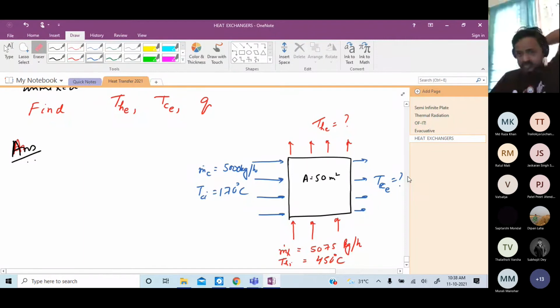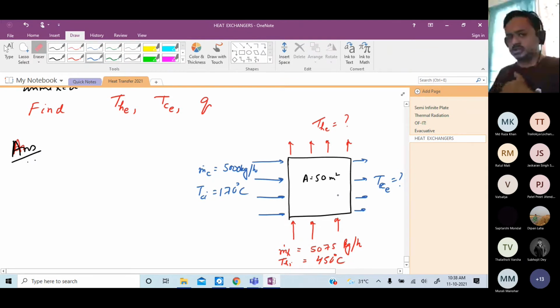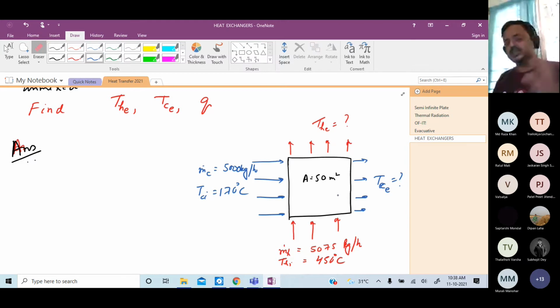So this is a problem where the inlet temperatures are known, exit temperatures are not known. Therefore, I cannot calculate Q, I cannot calculate LMTD immediately without going through trial and error. I can calculate ratios, THI minus THE over TCE minus TCI, the basic temperature changes of both fluids. That ratio, but not the exact temperature change.